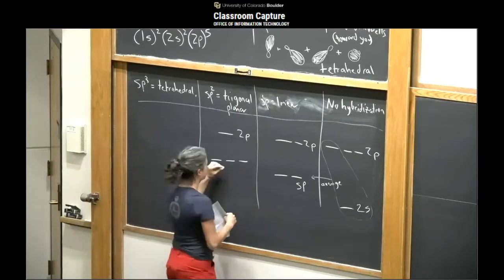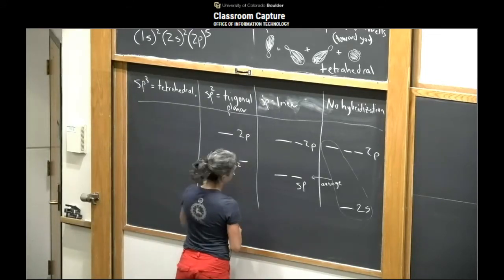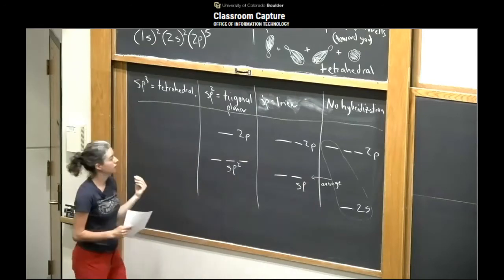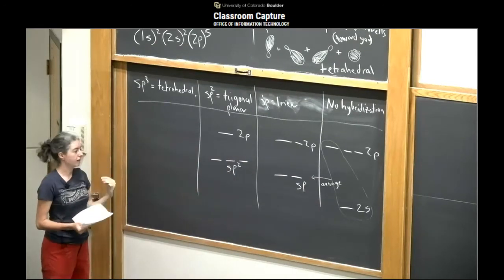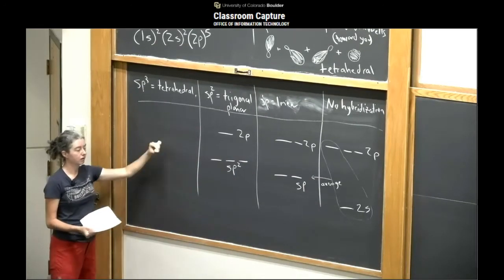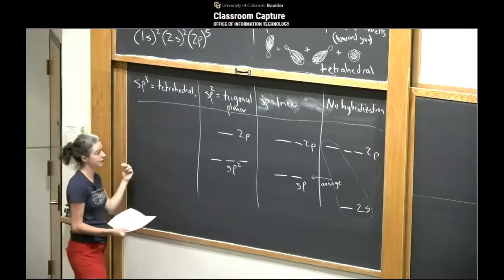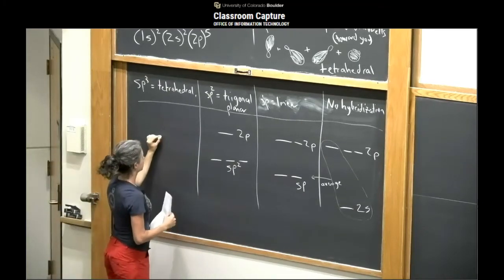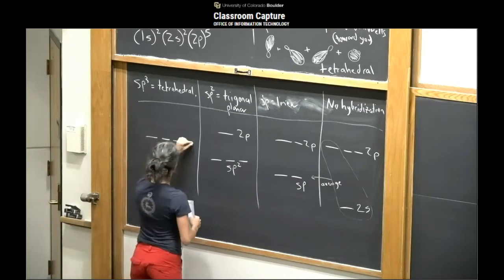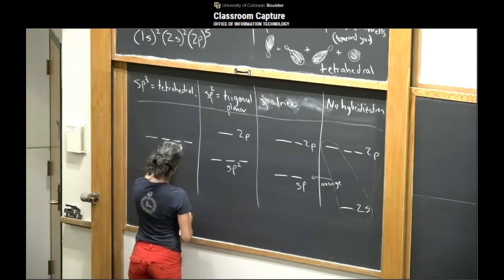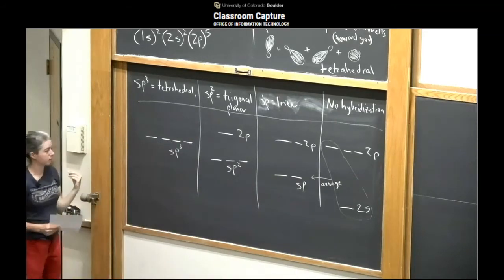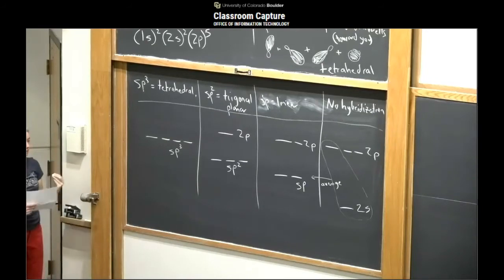So these would be sp2 orbitals. Or I can just average everything together overall, all three of the p's and the s, and get something that has all four equivalent sp3 orbitals.